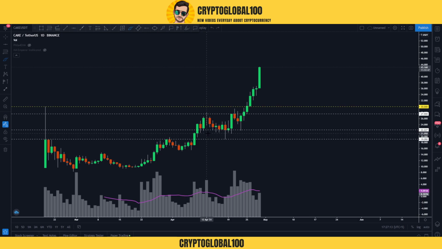Now if we look at this zone, from here to here, this was low volume, although there were a lot of red candles in this area. It means the downward trend was not supported by volume. If we could have had large bars here like this one, the price could have gone down, but that didn't happen.